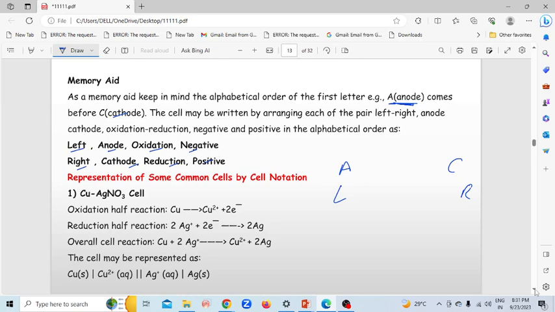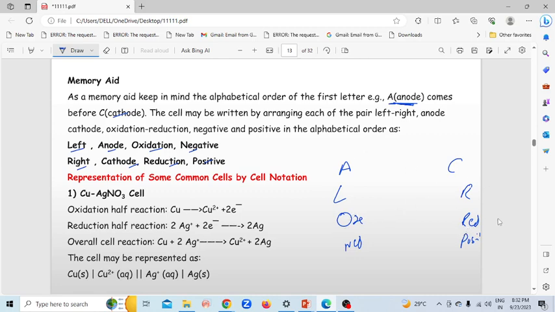At left oxidation will occur, at right reduction will occur, and the left side will be negative and the right side will be positive. Like that you can memorize this.